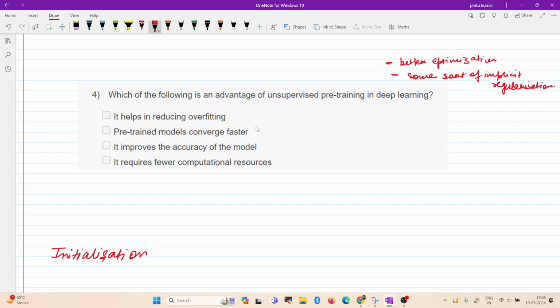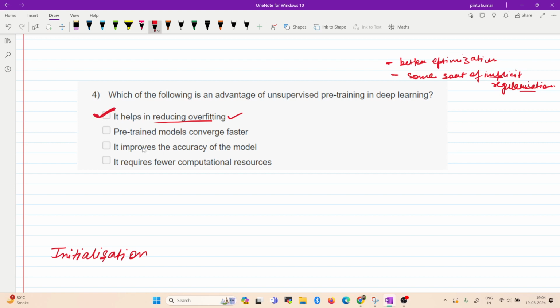If it is doing some sort of implicit regularization, then it will also help you reduce overfitting, right? If you are able to regularize your model, then it will help you reduce overfitting, correct? So option A is also correct, which none of you picked. So option A is correct.